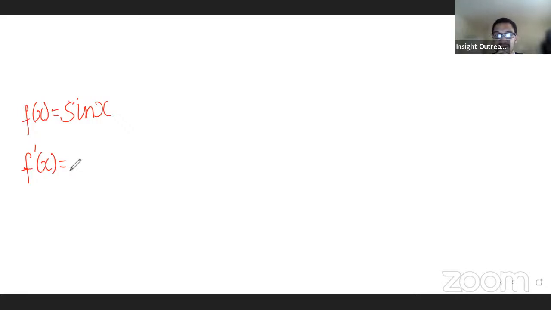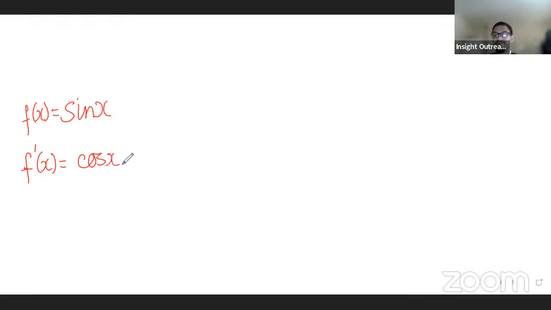Anyone? Yeah, I guess not. But basically, sine of x differentiates to cosine of x. Wait, for Jaden, cosine differentiates to minus sine. Sine of x differentiates to just normal cosine.